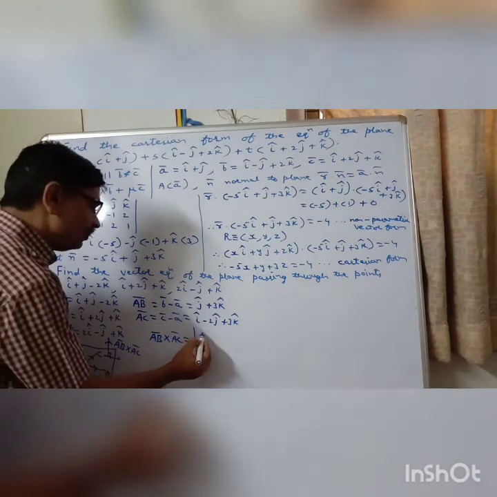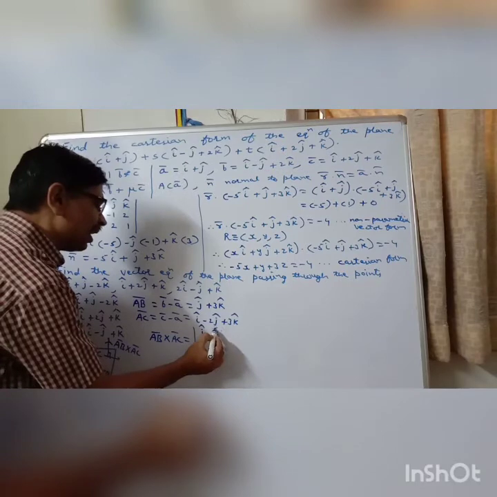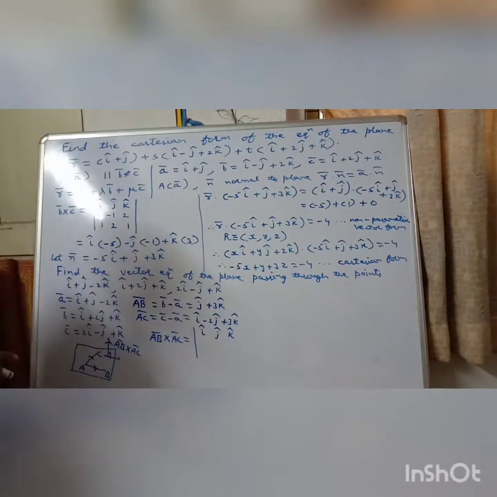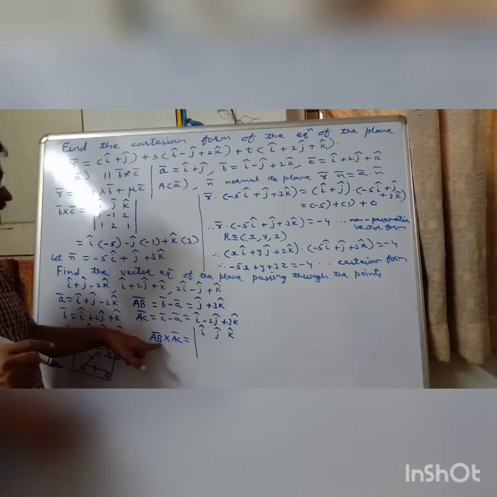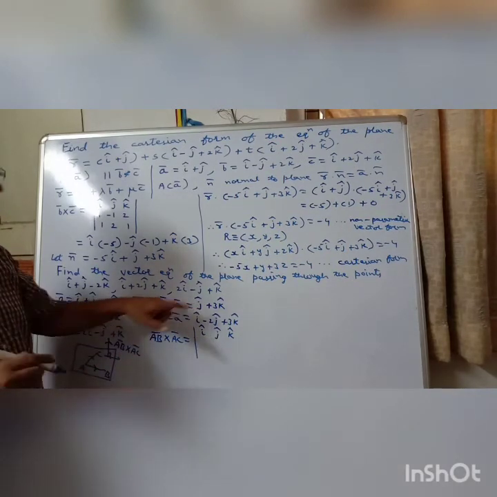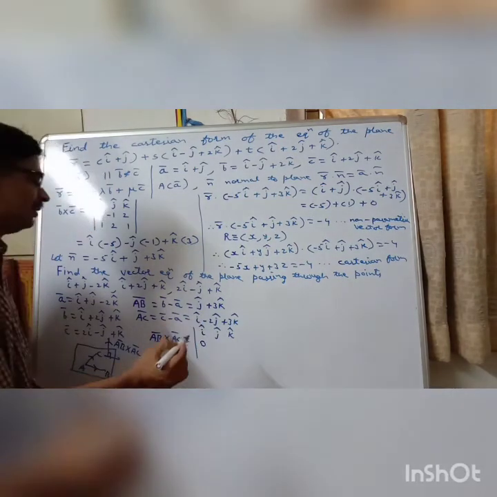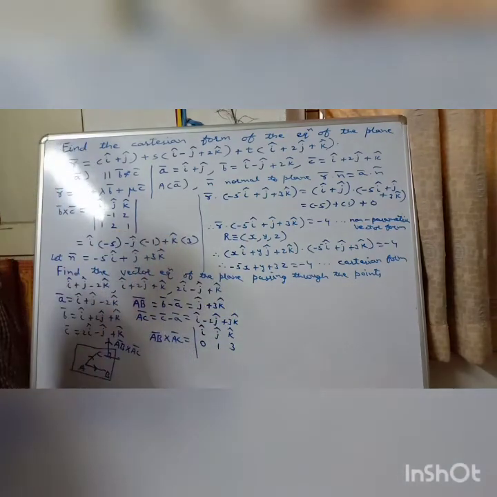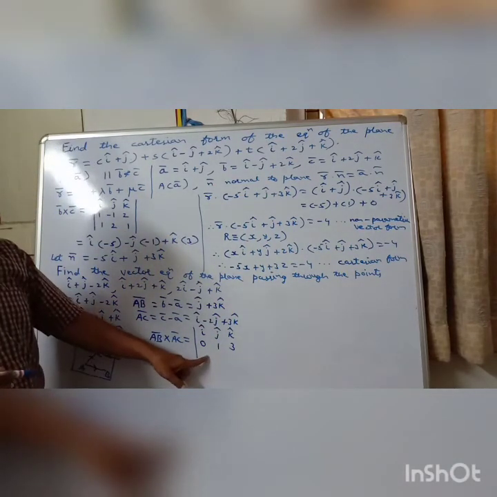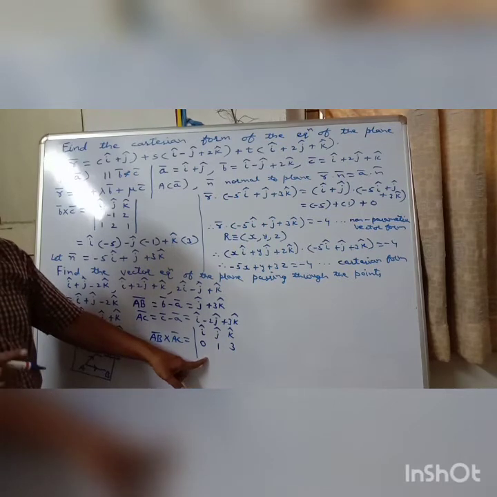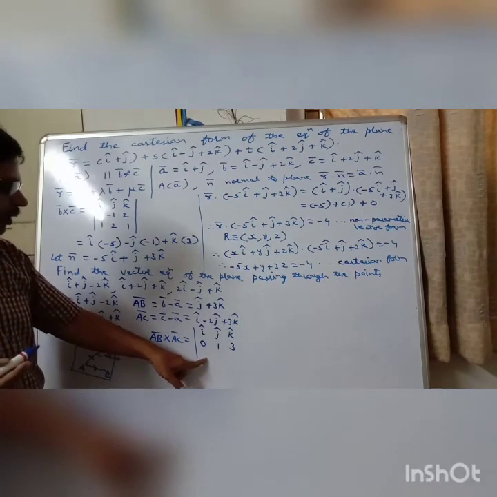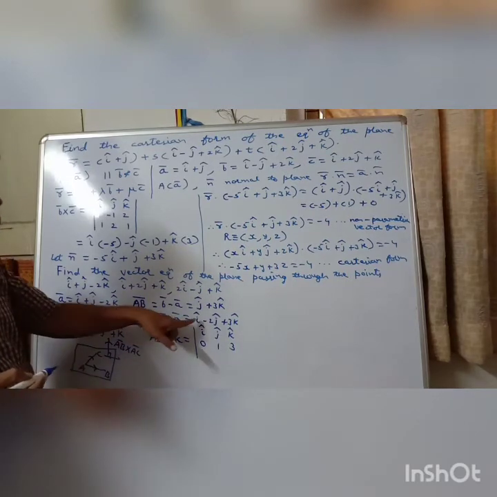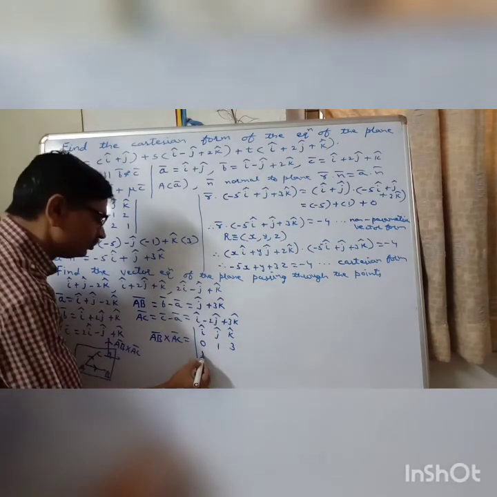In the first row of the determinant, unit vectors I, j, k. In the second row, coefficients of I, j, k for the first vector AB bar. Term of I is absent here. Coefficient of I 0, coefficient of j 1, coefficient of k 3. In the third row of the determinant, write down coefficients of I, j, k for the second vector AC bar: 1, minus 2, 3.